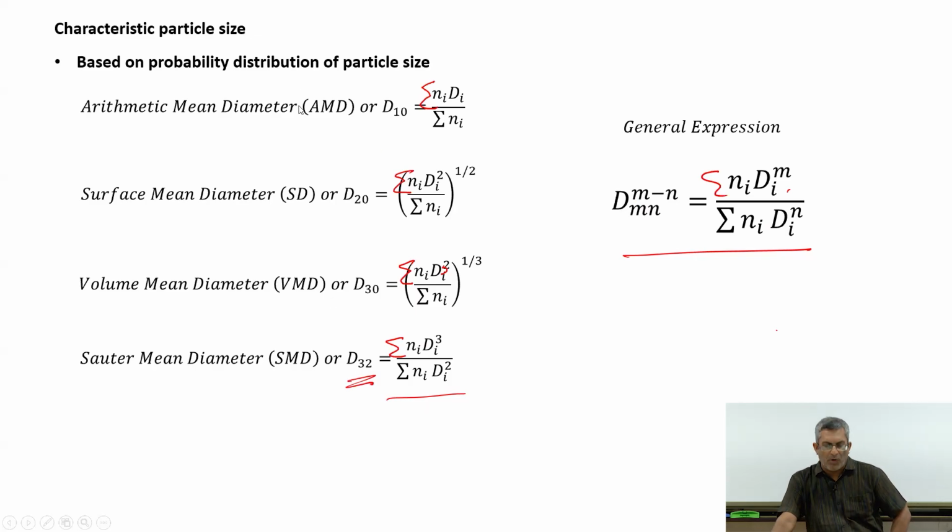Now, the question is, why do we need all these characteristic sizes? Again, it depends on the application. For instance, if you are interested in spray combustion, there you want the fuel droplets to evaporate fast. Not only that, you want to atomize it such that the surface area is maximum for a given volume.